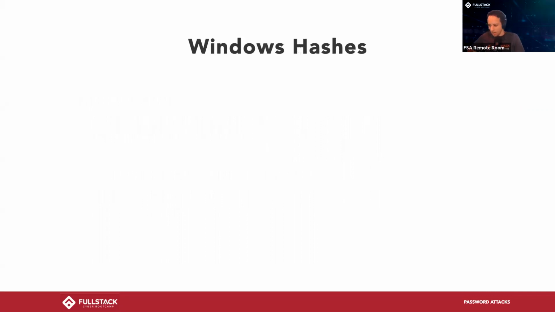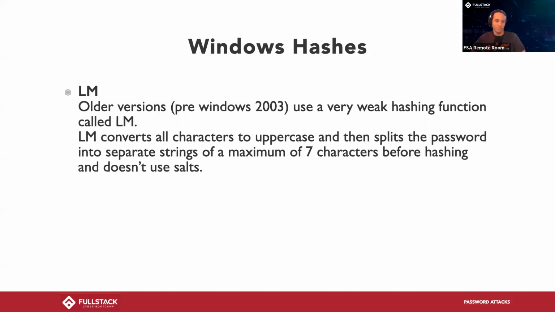Okay. Important things to know about Windows hashes. Windows hashes in two different ways. So we have LM, which is the old way, pre-Windows 2003. It's a very weak hashing function, right? I'll even explain it so you can see exactly how weak it is. It's converting the passwords to all uppercase and then splitting the password into separate strings that can only be 7 characters long and then hashing those.